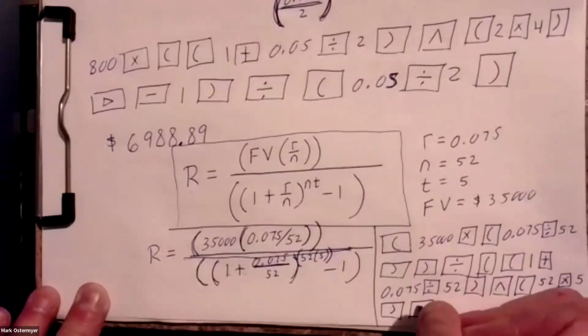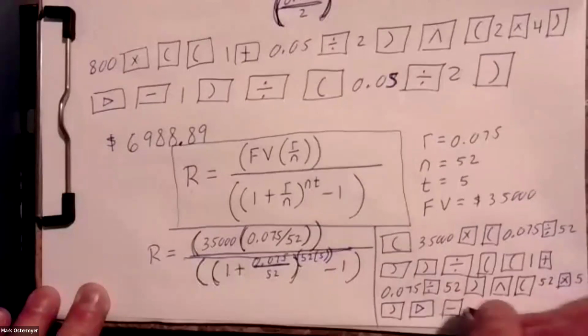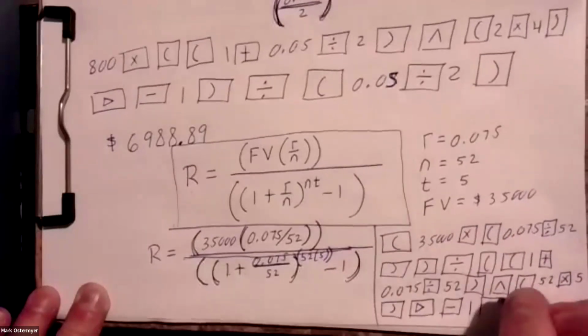Bring the cursor back down to level by hitting the right arrow key, minus 1, subtract 1, closed parenthesis.